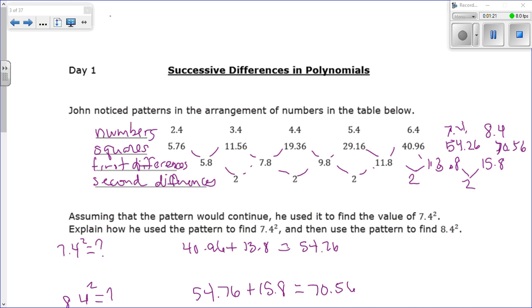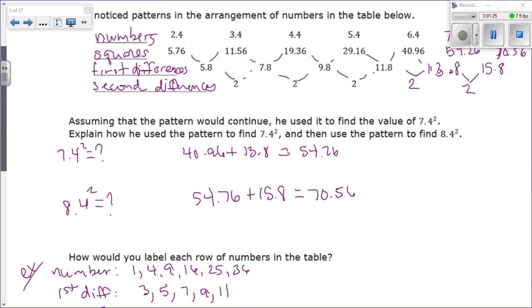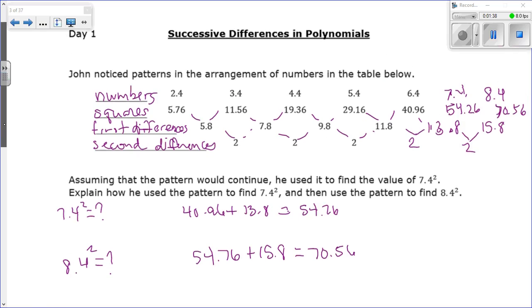So assuming that the pattern would continue, he used it to find the value of 7.4 squared. Explain how he used the pattern to find 7.4 squared, and then use the pattern to find 8.4 squared.